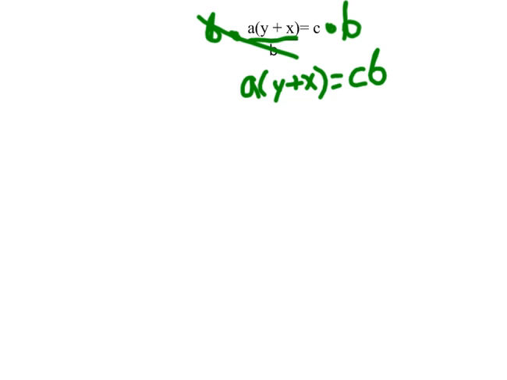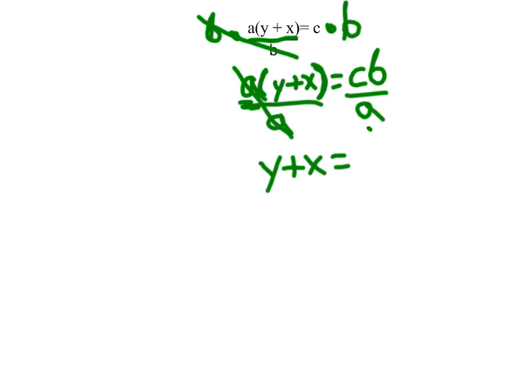So I'm going to get rid of that a. I know that this a is being multiplied by this whole function here, so I'm going to divide it. I don't want to mess with it anymore. Divide by a on both sides. See, these a's are going to cancel out. I've got y plus x is going to equal c times b divided by a.